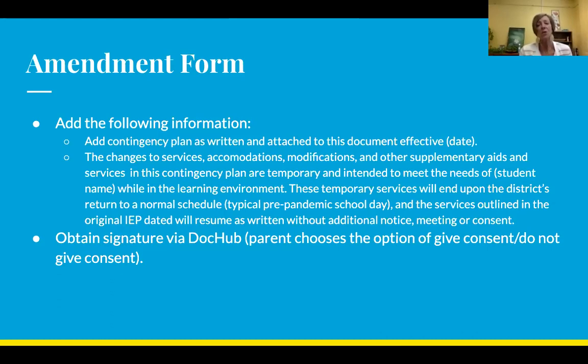And the services outlined in the original IEP, dated, you'll put the date, will resume as written without additional notice, meeting, or consent. Then you will obtain a signature through DocHub, and the parent on the amendment form can choose the option of give consent or do not give consent. But if we have asked for the parent input into the contingency plan, then we should not have a problem with parents not consenting.